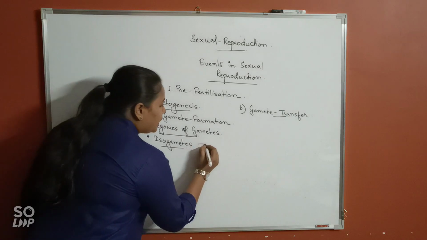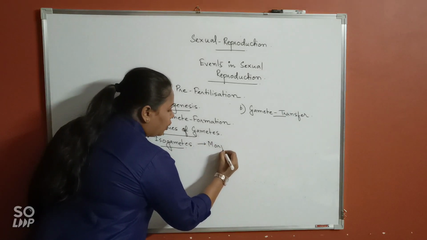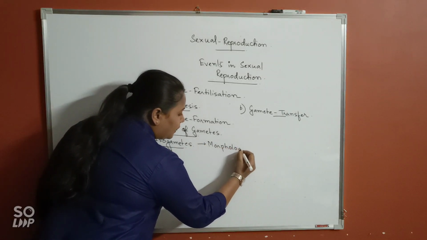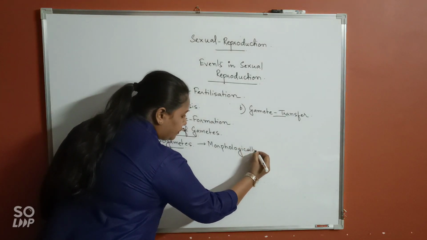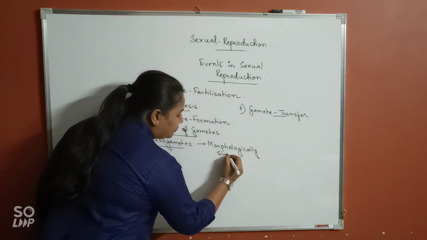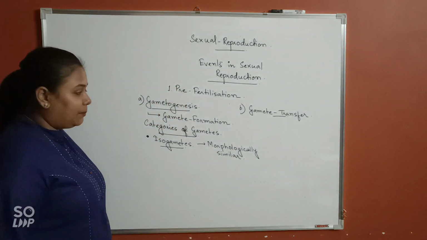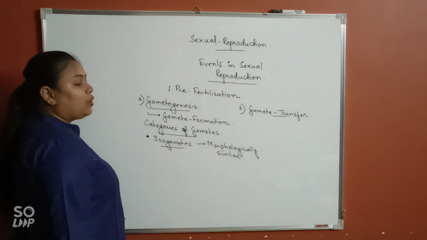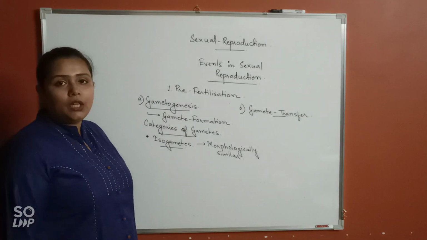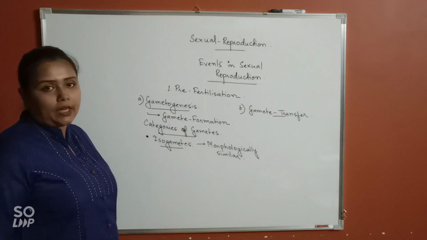So that means they are morphologically similar. Now, let me give you some examples. Isogametes or homogametes are mostly found in certain algae or fungi.